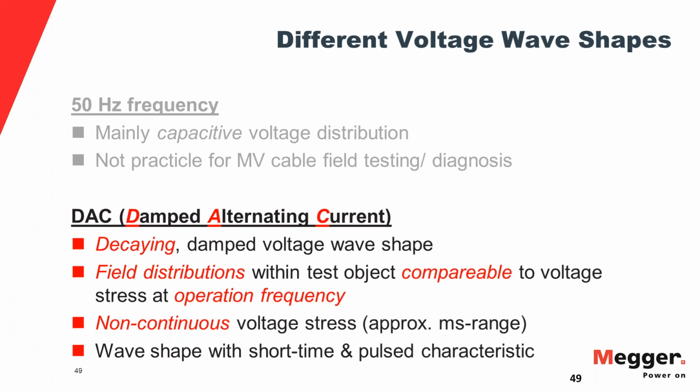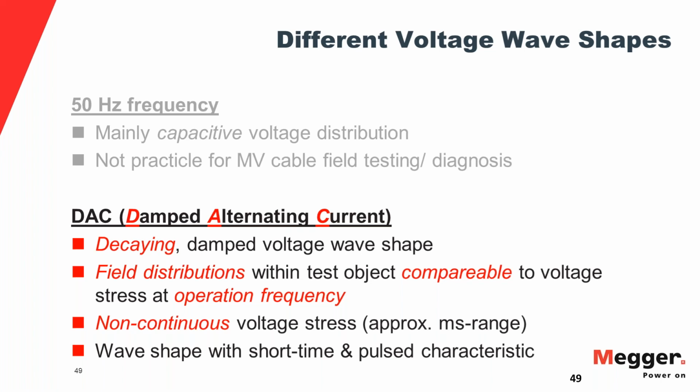So the first voltage waveform that was established as a diagnostics waveform in transmission and now migrated to distribution is dampened AC, DAC, or oscillating wave voltage. It's a decaying dampening voltage, starting at a peak, and then after 200 milliseconds or something, the shot is gone.